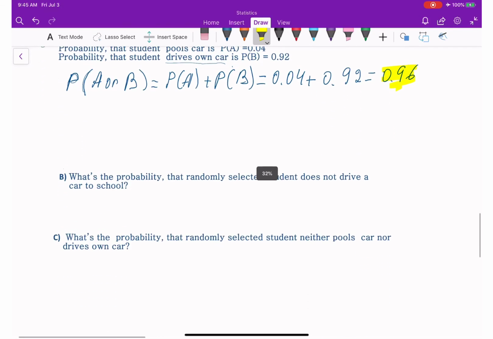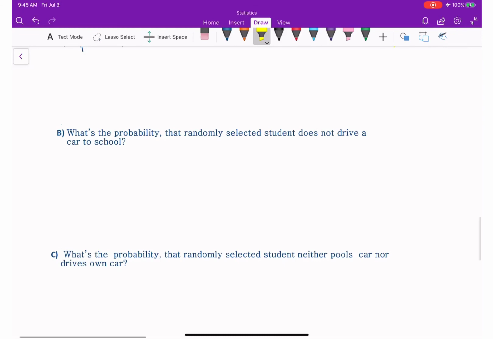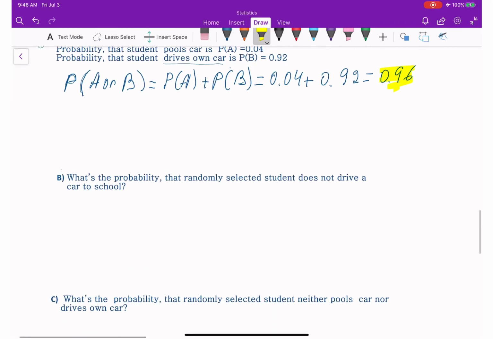Next one. What's the probability that randomly selected student does not drive car to school? So what was our probability that do drive car to school? It's 92, correct? So if 92 is percent driving car, then the ones that don't drive car, it's going to be 100 minus 92, 8%, right?